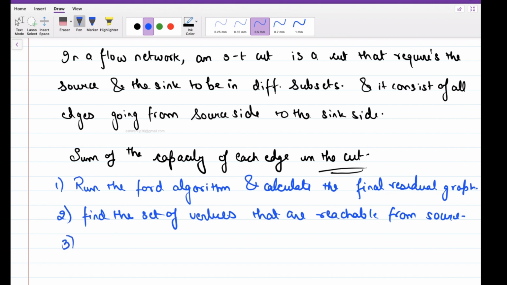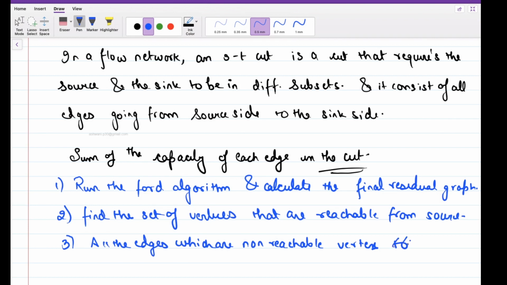And then all the edges from a reachable vertex to a non-reachable vertex are minimum cut edges.